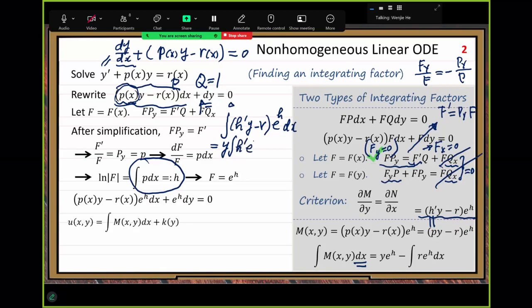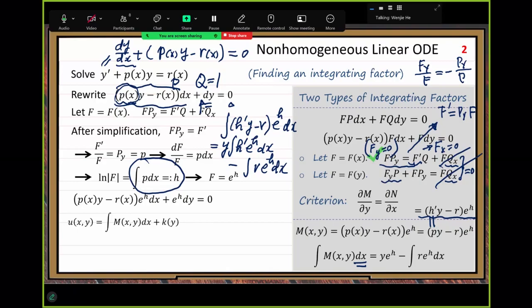Two separate integrals. But the first term, the second term, we do nothing. We keep the second term. This is the second term.